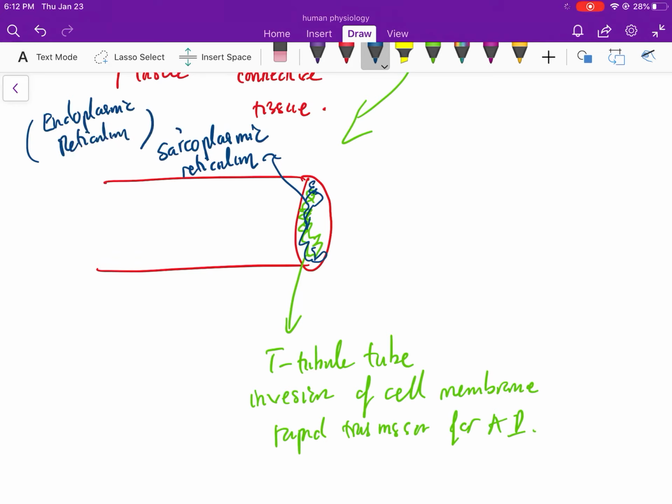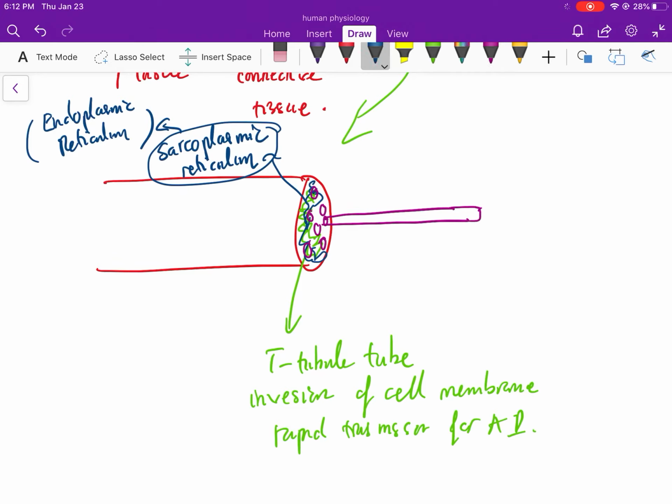These tubes originate from the endoplasmic reticulum, but we call it sarcoplasmic reticulum particularly for muscle cells. Also, in the fiber cell here, we have some little tubes right here.